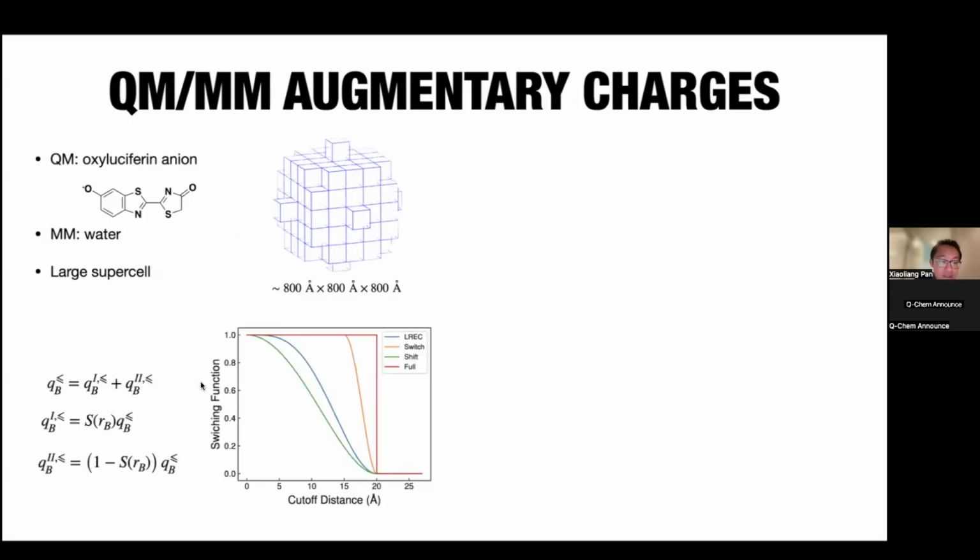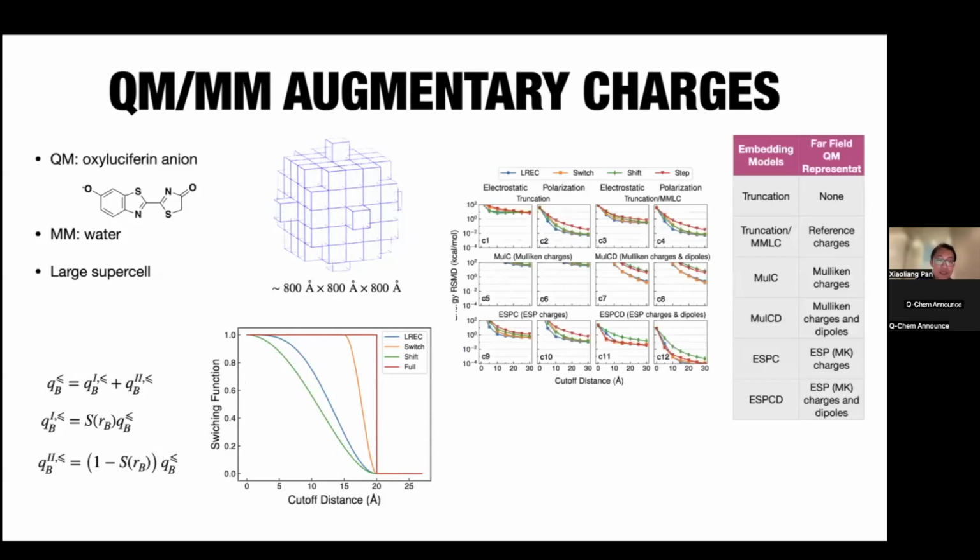And we also test several smoothing functions for how we divide these nearby charges, to make sure at the boundary the energy function is still continuous. The idea is that the nearby charges are divided into two parts by this kind of switching function. Whatever has been switched off will be put into the long range part, so the energy will still be continuous.